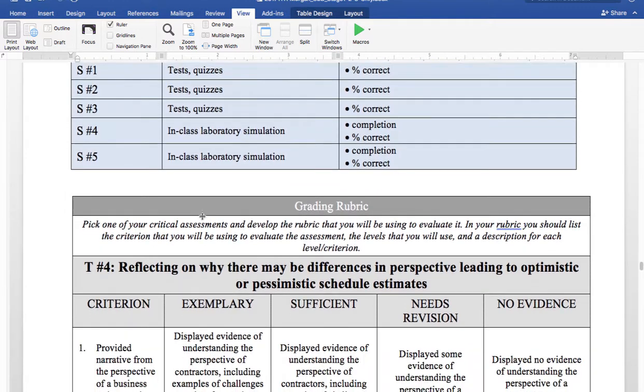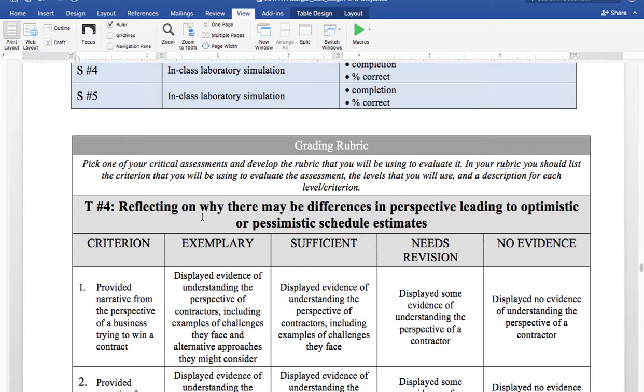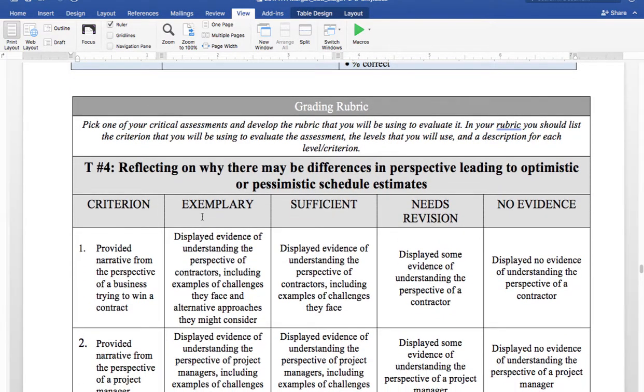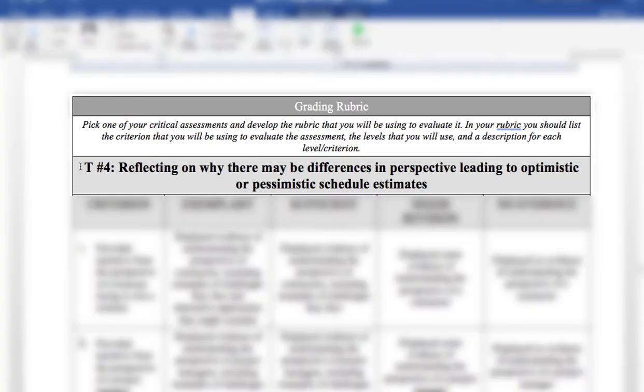The last section of stage two is to complete one grading rubric. So of any of the critical assessments in that first section of stage two, I selected transfer objective number 4, which is reflecting on why there may be differences in perspective leading to optimistic or pessimistic schedule estimates.